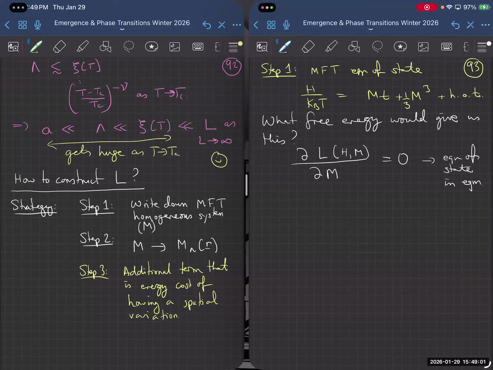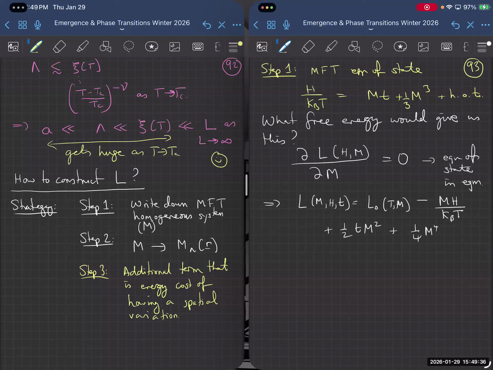So we assume that this coarse-grained free energy, this Landau free energy, is minimized in equilibrium. And so just integrating this, L of M, H, and T is going to equal some constant of integration, which I'll write as L naught of T, minus M times H over KBT plus 1/2 T M squared plus 1/4 M to the 4th.